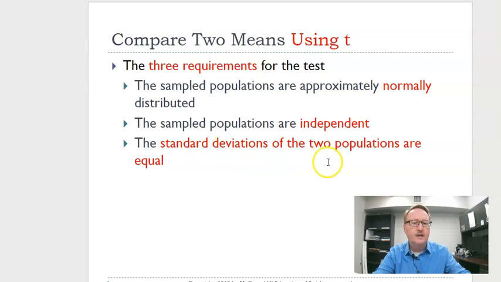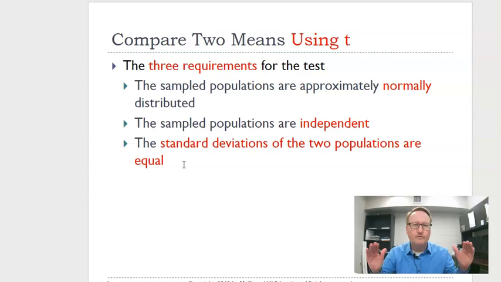Okay, standard deviations of the two populations are equal. This is an assumption. Now, when I say equal, I don't mean that they're both exactly 4.3 or exactly 5. You could have one that's 5 and one that's 6, and one that's 4 and one that's 7 even. It's not that they're exactly the same.